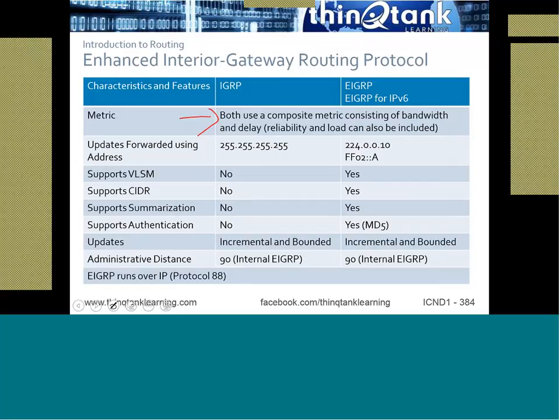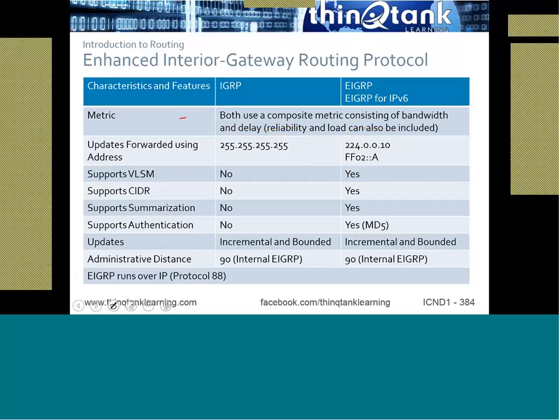When we get into the discussion of these protocols individually, we'll talk about the metrics in more detail. IGRP uses all ones address to disseminate routing information, whereas we use multicast with EIGRP and EIGRP for IPv6: 224.0.0.10 or FF02::A.